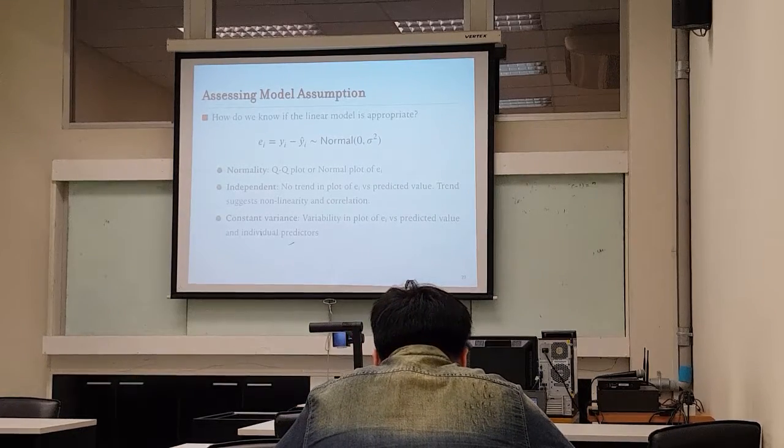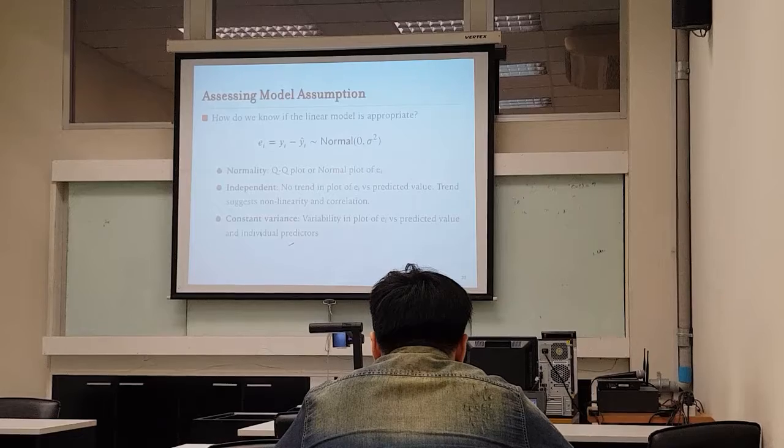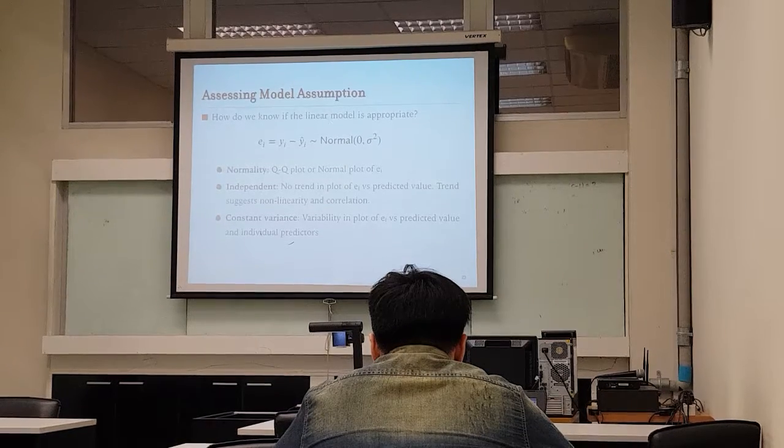But right now, let's say you have a set of predictors and you fit the model. How do you know if your linear model, y equals beta 0 plus beta 1 x1 plus beta 2 x2, is appropriate? Your model is appropriate if the error has a normal distribution.